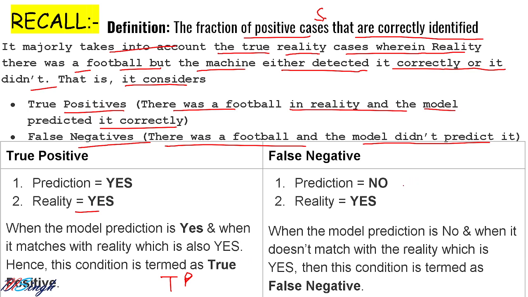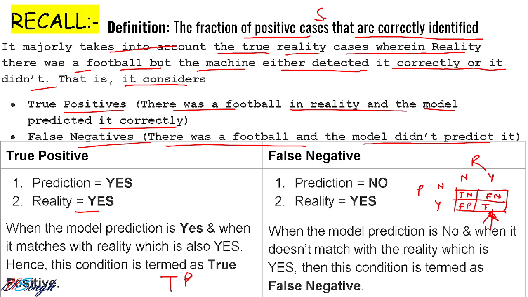And if you go to the confusion matrix again, I will write here prediction no, yes, and in reality also no and yes, and we will consider the last column. So what is the first cell value? That is TN, true negative, and this cell value is what? That is false negative. This cell value is false positive.